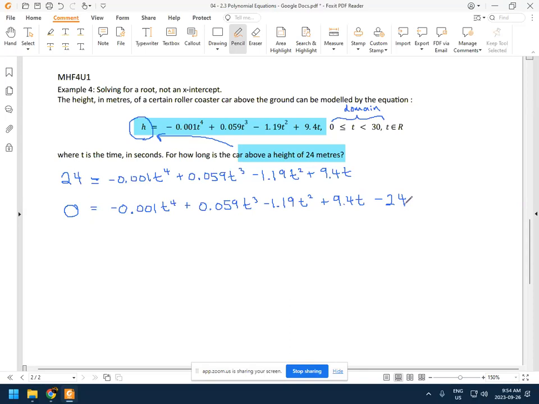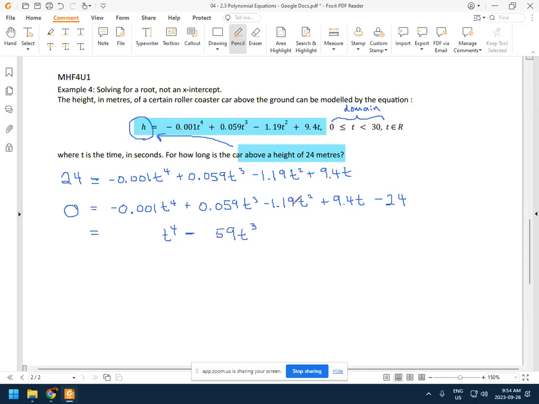I'm actually going to go one step further. I really don't like this negative 0.001 or whatever. And the other side happens to be a 0. So I'm going to just divide out a negative 0.001, leaving me with a coefficient of positive 1. Positive 0.059 divided by a negative 0.001 is going to give me a negative 59 t cubed.